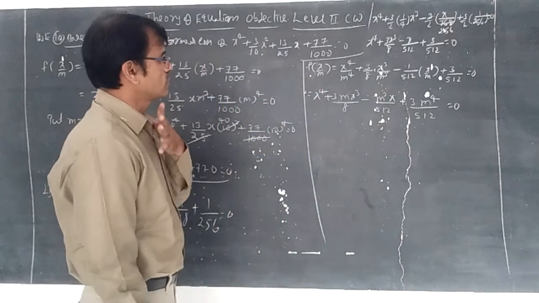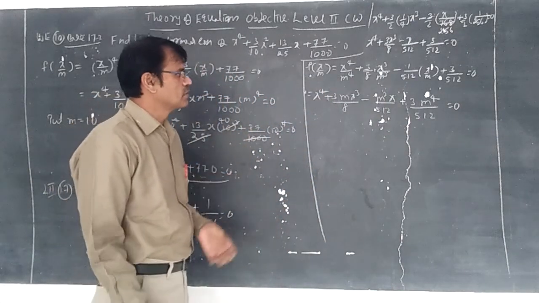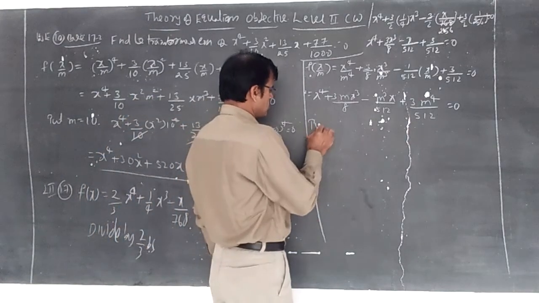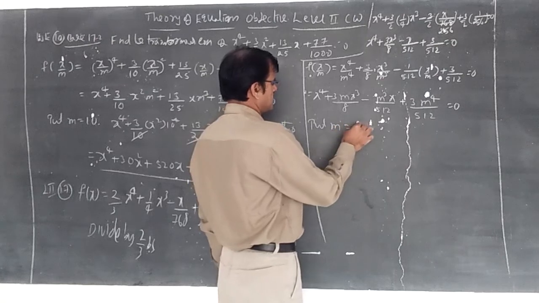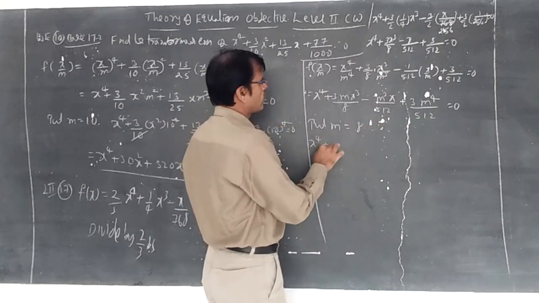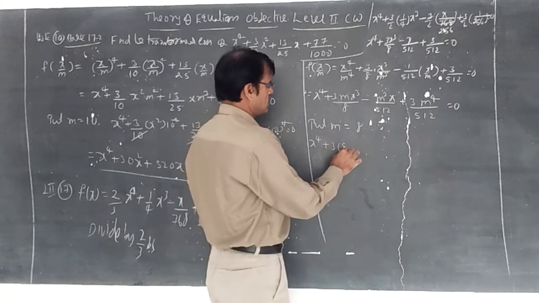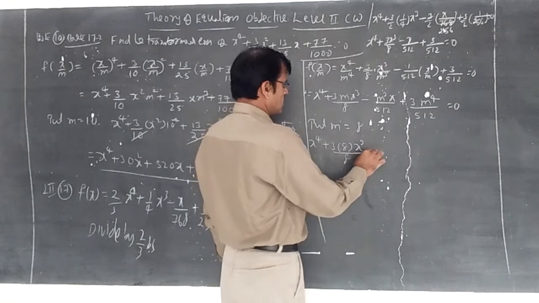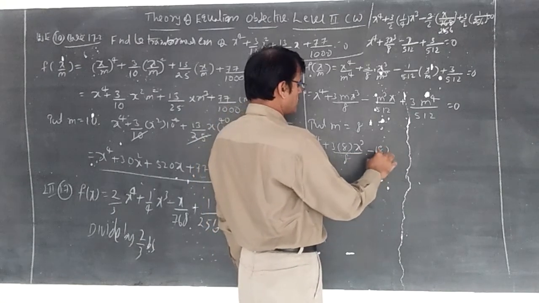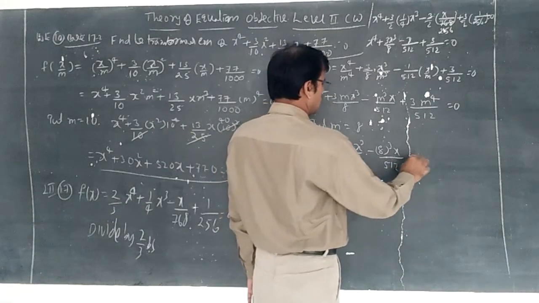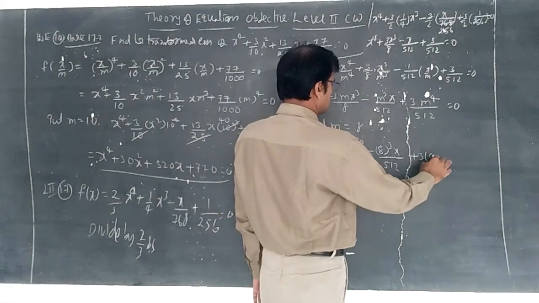So if you put 8 instead of m, you can get the answer. Put m is equal to 8. So it is x power 4 plus 3 into 8 into x cube by 8 minus here m cube means 8 cube into x by 512 plus 3 into this is 8 power 4.